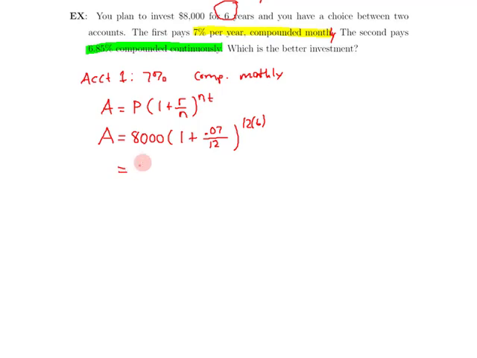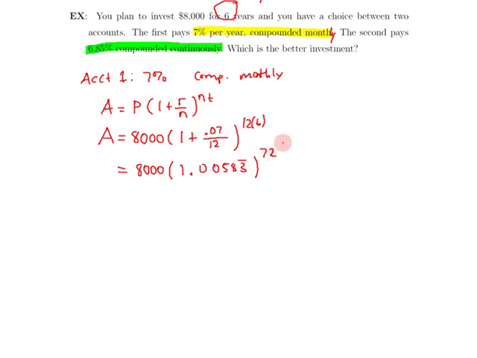So go to my calculator. I start inside the parentheses. 1 plus 0.07 divided by 12 is going to be 1.00583 repeated, to the 72nd power.